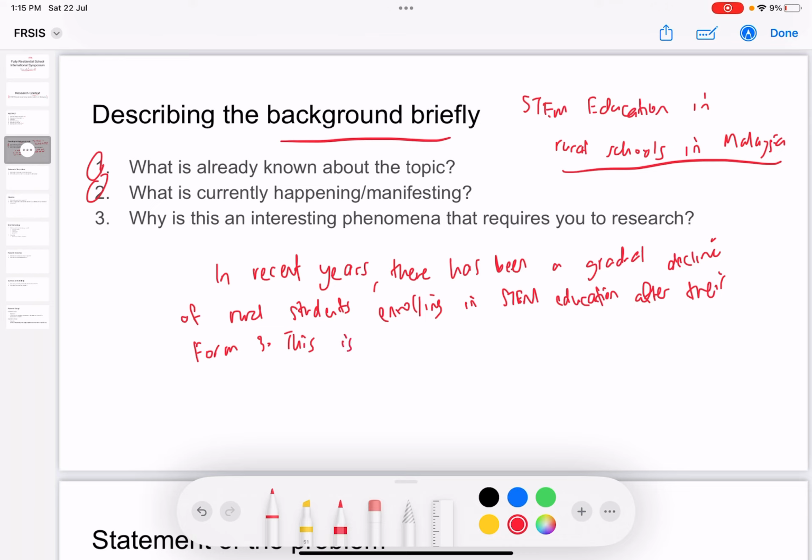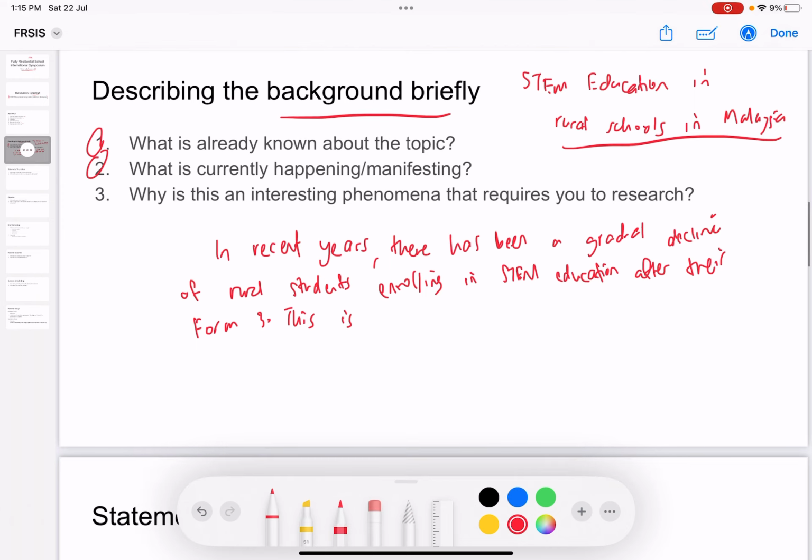Of course, when you have done your research, your literature review, when you have read more articles, you can write something much more solid. Right now I'm doing this very randomly, so it's not as clear or as in depth as you would want a research abstract to be. This is something very, very simple.